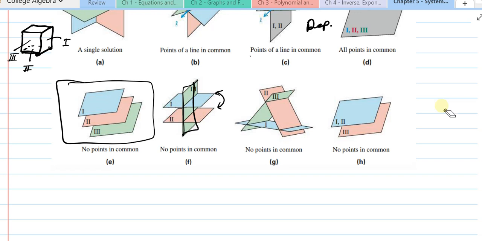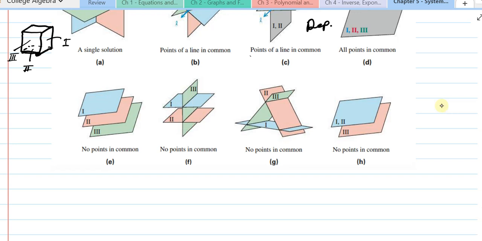The fact that those 2 surfaces are parallel means there will be no common solution to them, right? No commonality, so no solution. And this one, they meet pairwise. These 2 come together, these 2 come together, these 2 come together. So with respect to each other, they do have common points. But with respect to the other one, they don't.